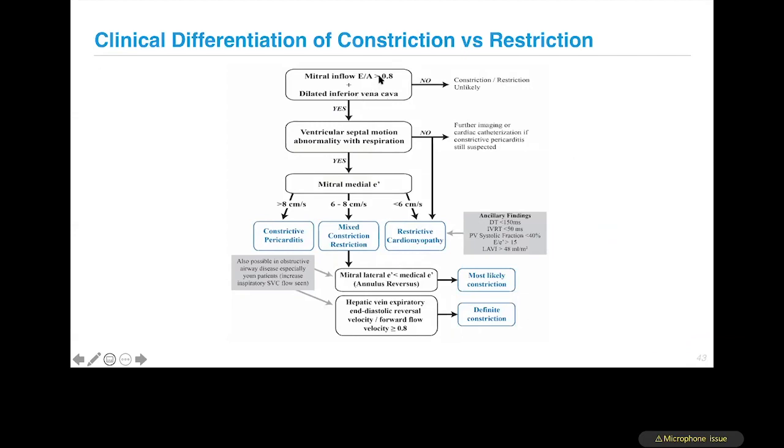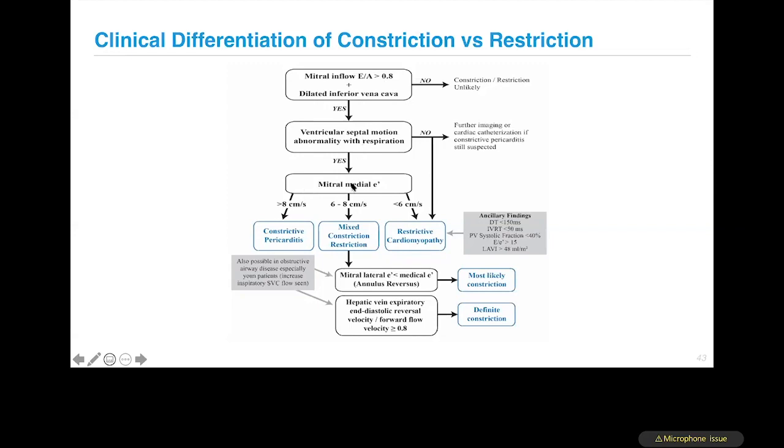So if you have a restrictive filling pattern with a dilated inferior vena cava, yes, that goes towards constriction. Then look if there is an abnormal septal motion that is present, particularly with respirophasic motion, yes, that would be again towards constriction.